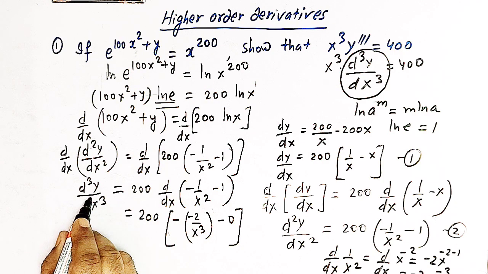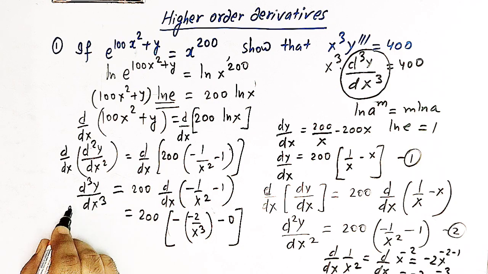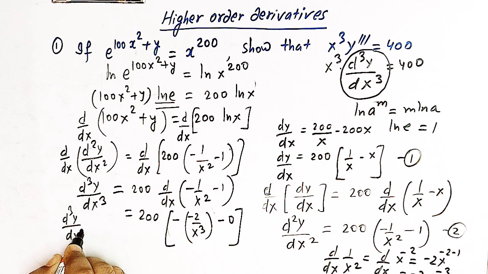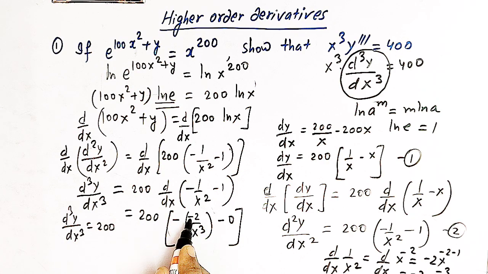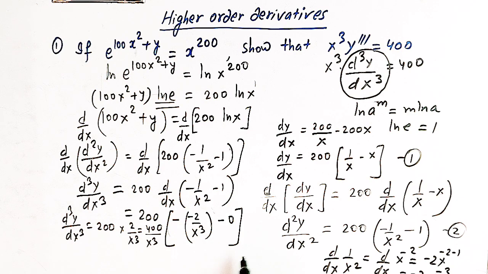So now the third derivative is equal to 200, and here minus times minus is positive, so we have 2 over x cube. 200 times 2 is 400, and this is 400 over x cube. So now we have the third derivative, that is y triple prime.